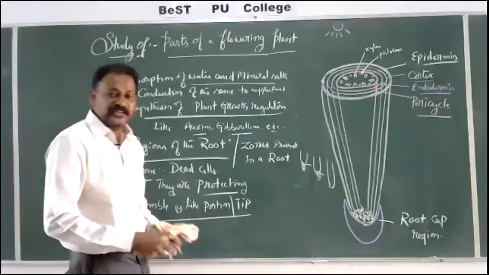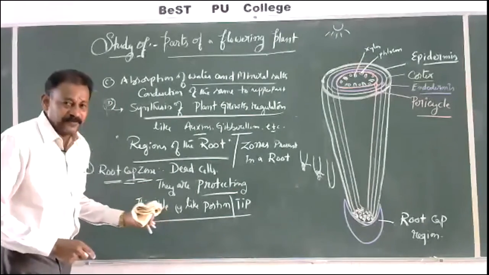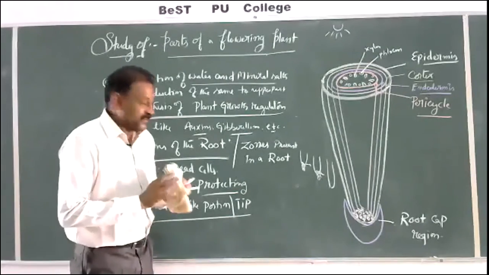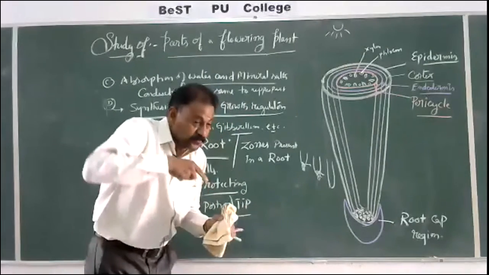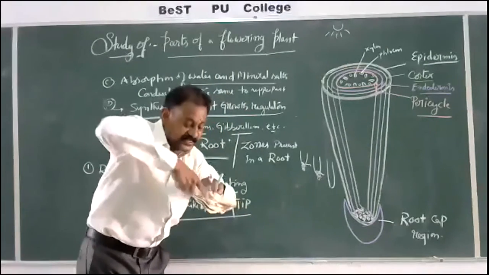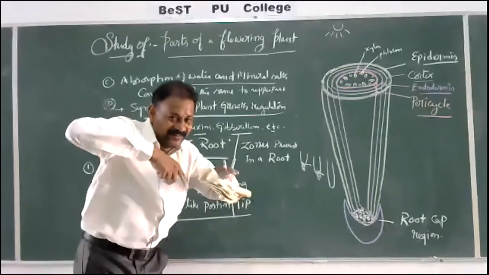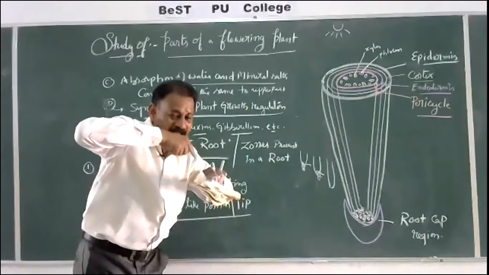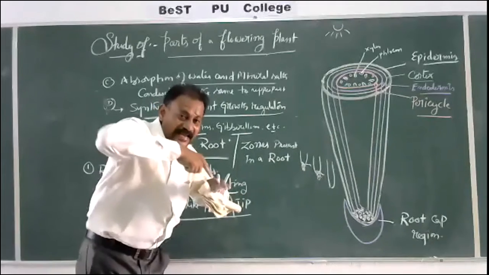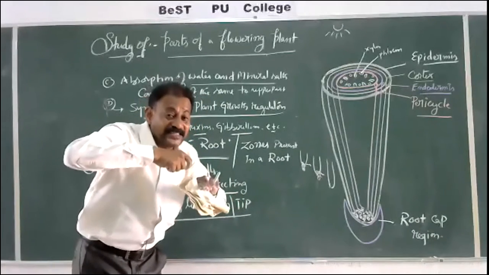What is meant by protection here? See this, my dear students. This root cap is a hard structure when compared to this thin part. And this root cap is responsible for penetrating into the soil. Soil is a hard material, a substratum, where this root cap is able to penetrate by producing some mucilaginous substances.